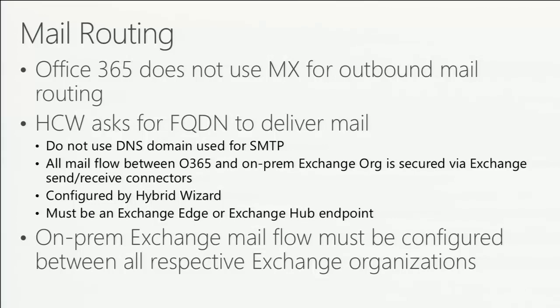All on-prem traffic, as we call out, is configured manually. The hybrid configuration wizard does not create your on-prem mail flow and Exchange organization relationships for you. You're responsible for doing the cross-forest configuration between Contoso and Fabrikam on-prem.